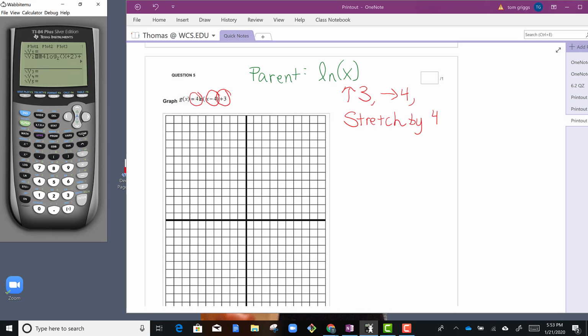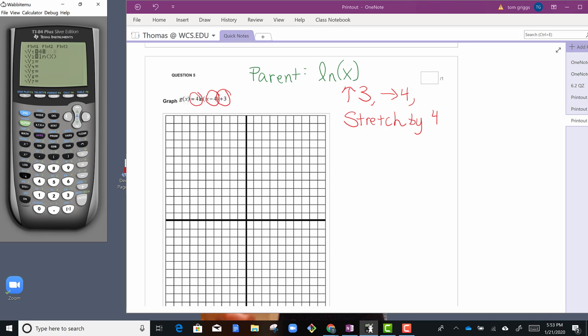So again, I'm going to graph the parent. The natural log button is right here next to the 4 key. So there's my natural log, and you can see what it looks like. An asymptote there at the y-axis. And we type in our actual problem.